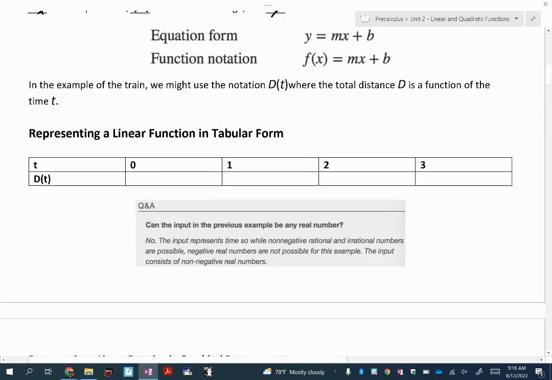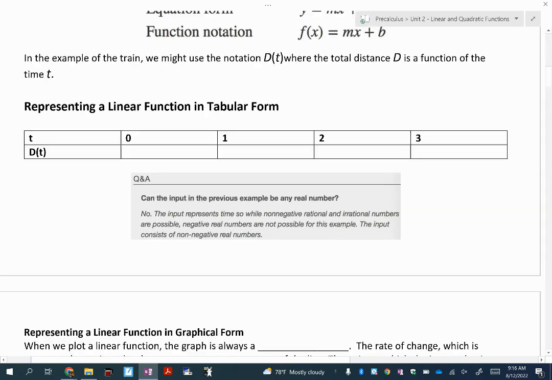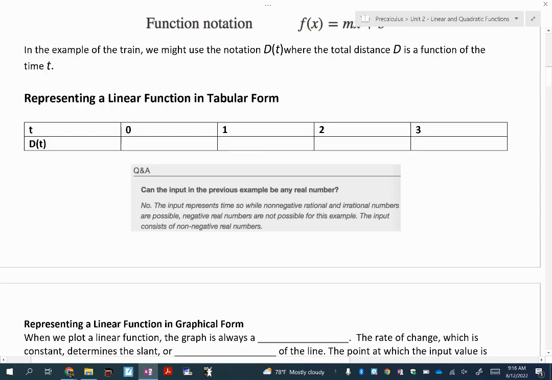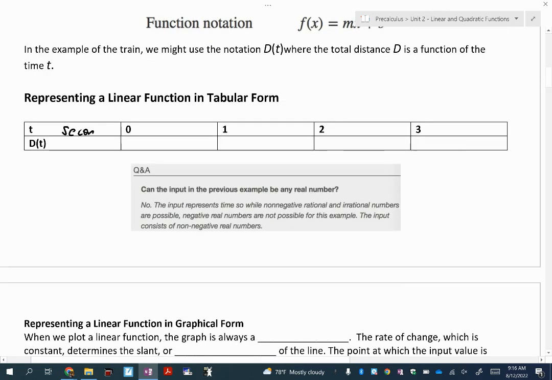All right, so in the example for the train, if we want to make a table based on the scenario that they gave us, if time is in, I think it's seconds, I'll confirm. Yes. So if time is in seconds and the distance is in meters, because this function is starting 250 meters from the station, I actually have to put that when time is 0.